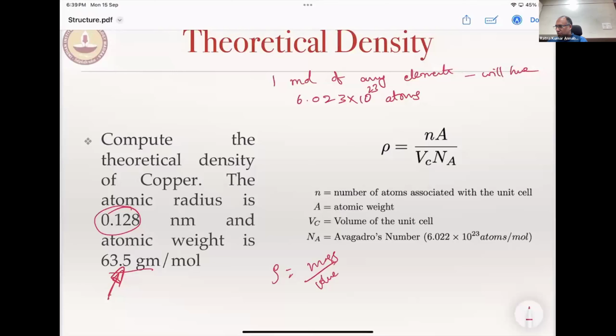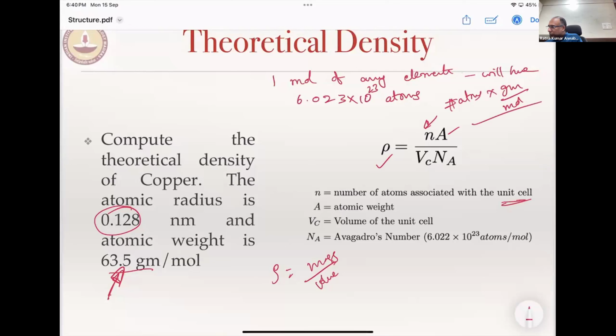So the density of any material is given by the number of atoms associated with the unit cell, per unit cell, times the atomic weight, in grams per mole.